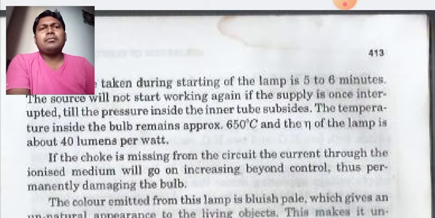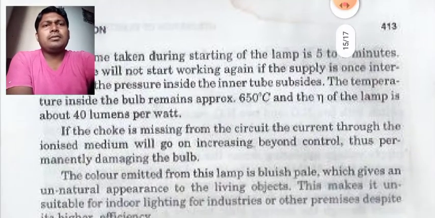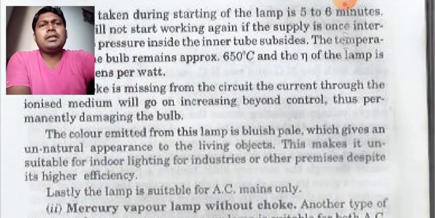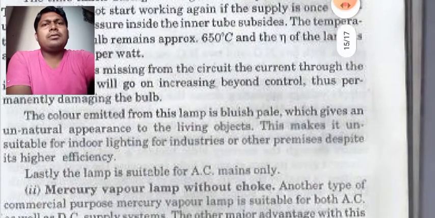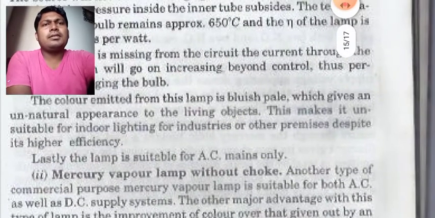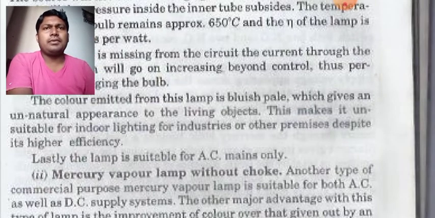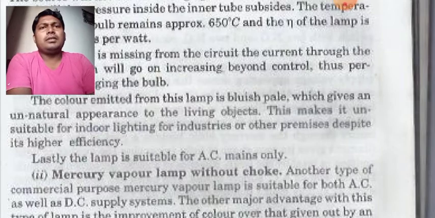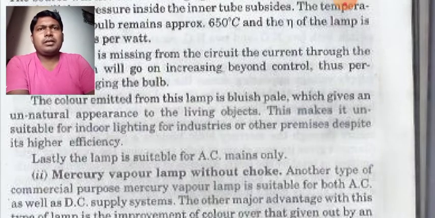The color emitted from this lamp is bluish pale, which gives an unnatural appearance to living objects. This makes it unsuitable for indoor lighting, for industries and for other premises despite its higher efficiency. So despite its higher efficiency, due to the color emitted by these lamps, it is not suitable for indoor or domestic purposes.